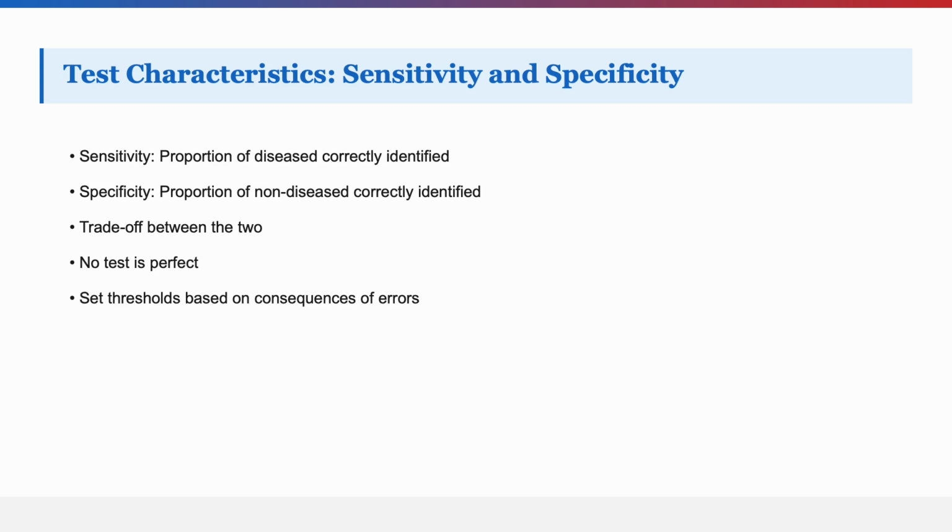The question is whether the benefits of correct classification outweigh the harms of misclassification. Threshold setting depends on consequences. For a deadly, treatable disease, you might accept lower specificity to avoid missing cases. For a condition where false positives lead to harmful interventions, you might demand higher specificity.